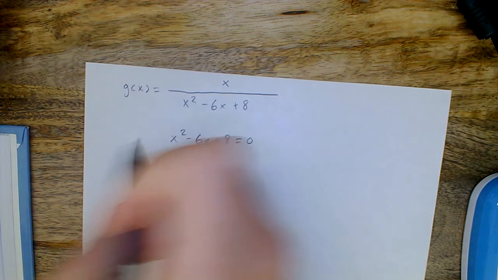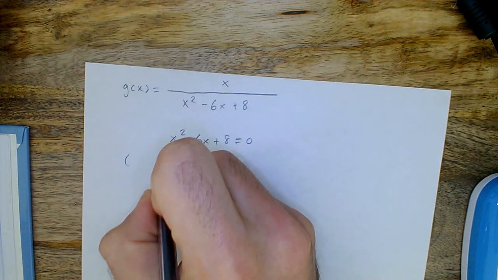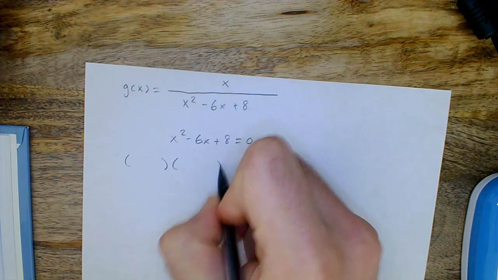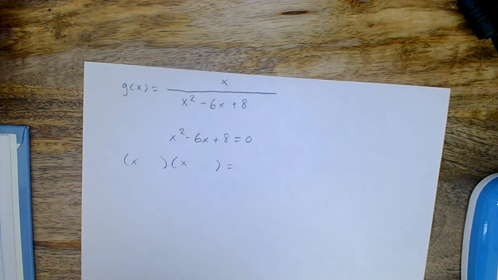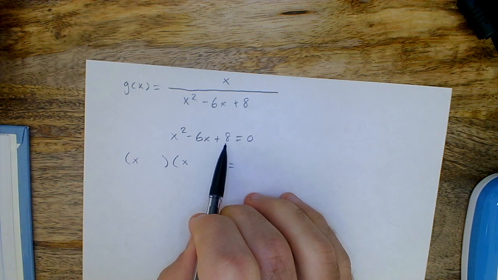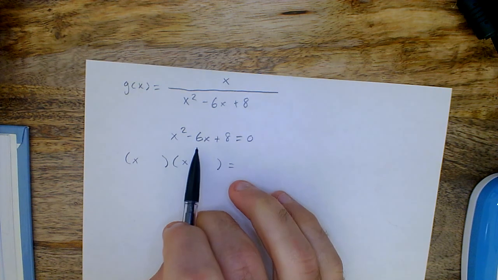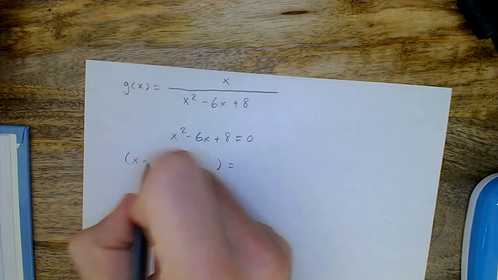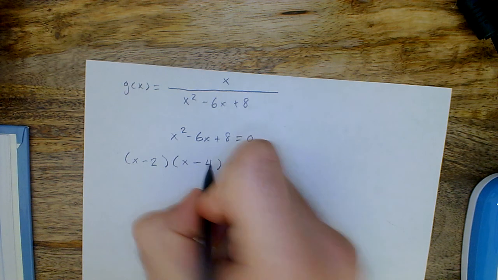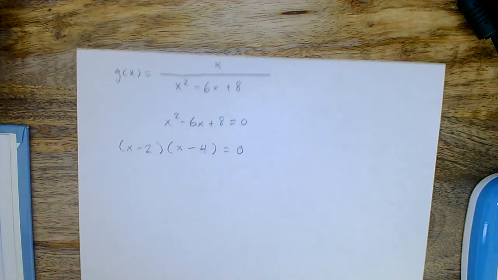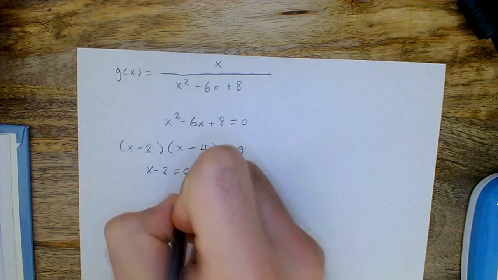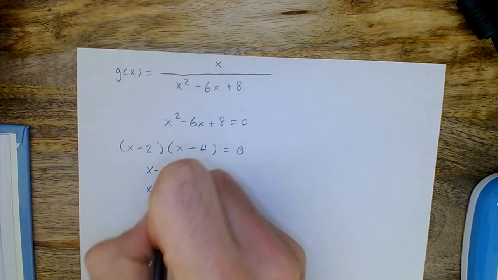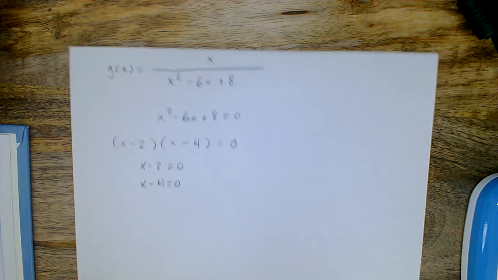Okay, so this is a factoring question. So now we can factor this here. So this is going to be x, and I need to get 2 numbers that multiply to positive 8 but add up to negative 6. So I'm going to do minus 2 and minus 4. Okay, so I need to solve x minus 2 equals 0 and x minus 4 equals 0.